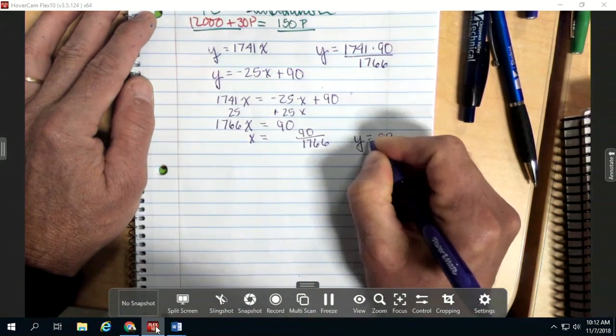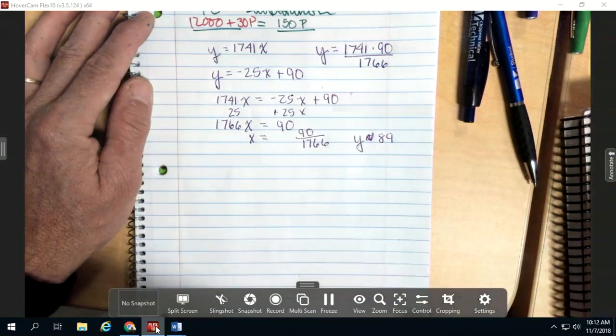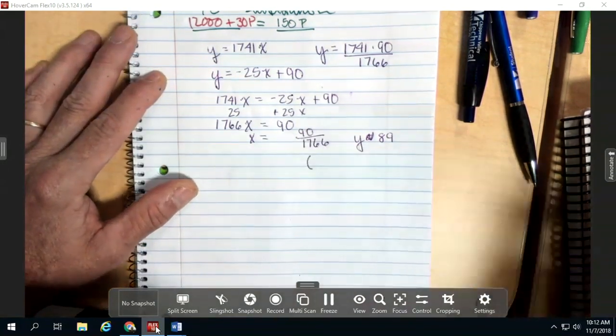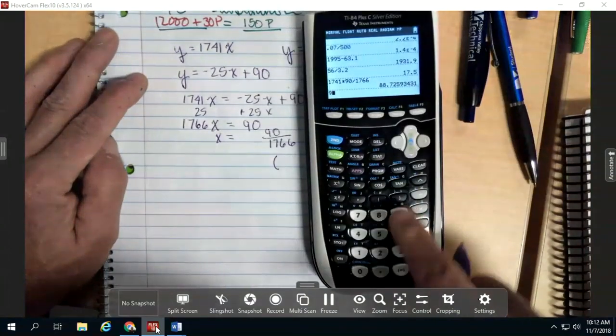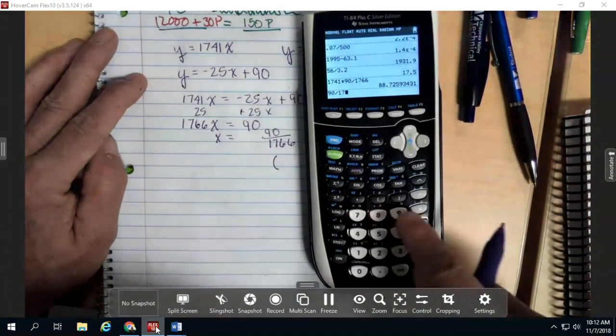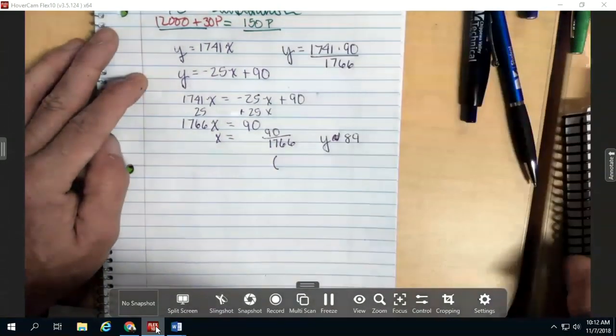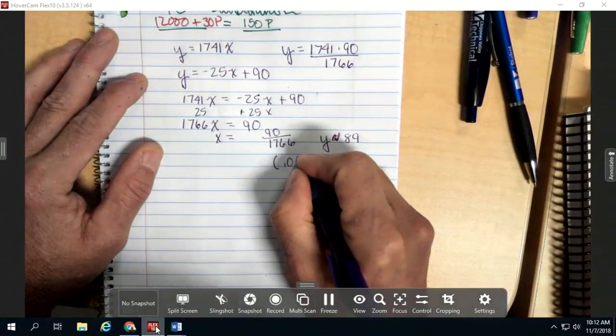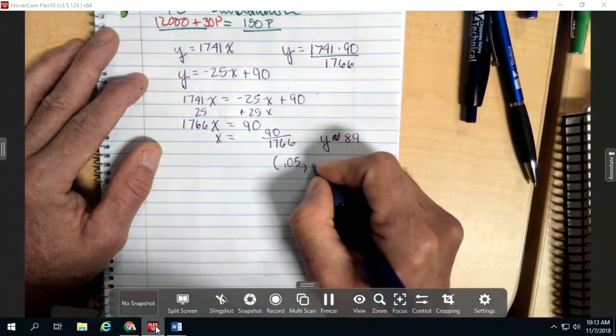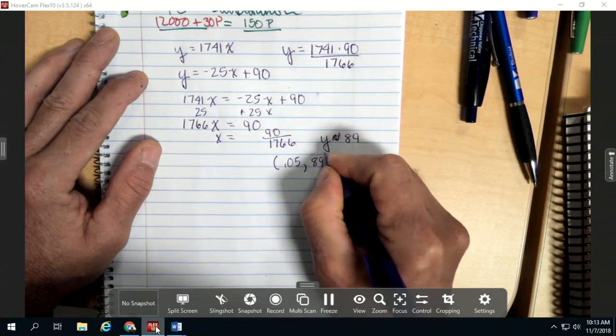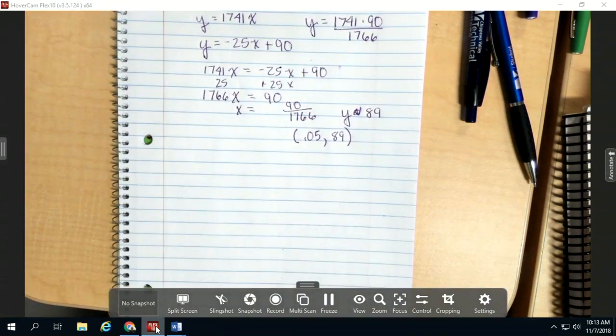About 89. y is about 89. So our ordered pair, 90 divided by 1766, which is 0.05, comma, 89, will be our solution.